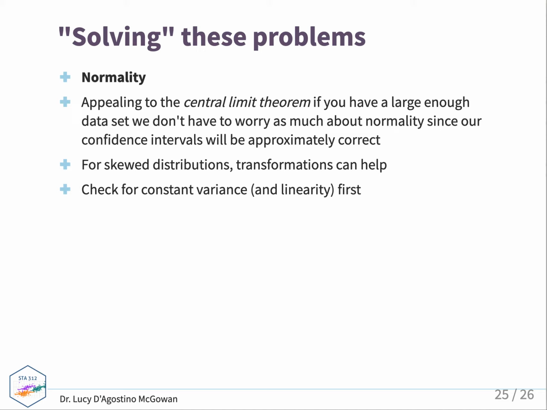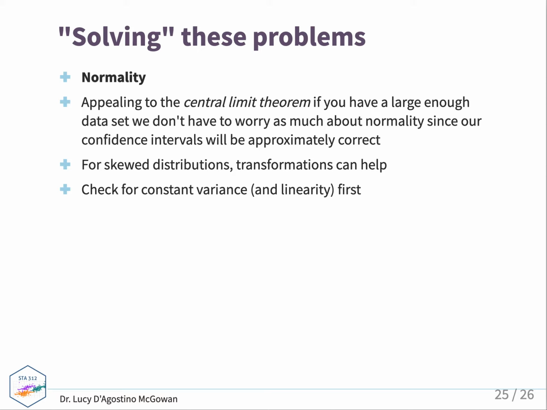But it's important to check the constant variance and linearity assumptions first. If you check for those and find a way to fix them, and we're going to talk more about linearity in a couple of minutes, a lot of times by the time you get to checking normality, those issues might be solved as well by whatever you did to solve the constant variance or linearity problems.